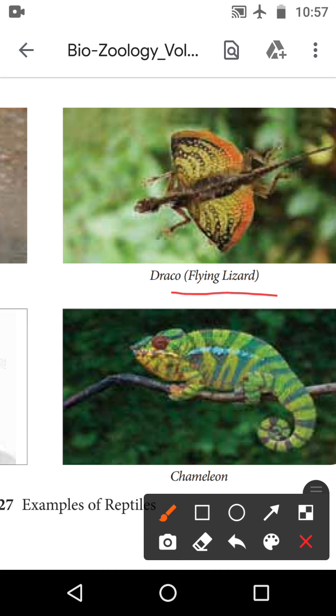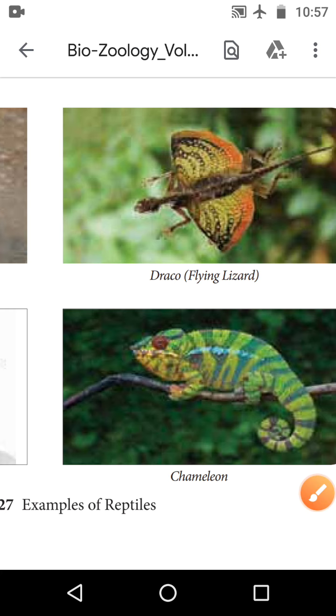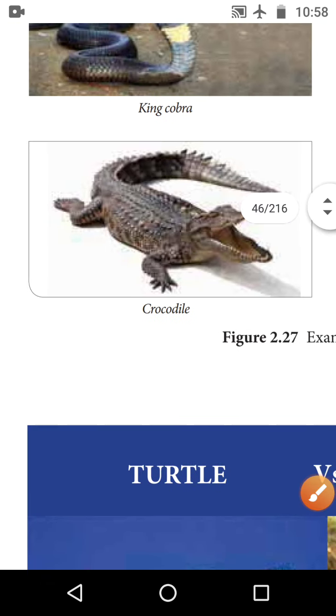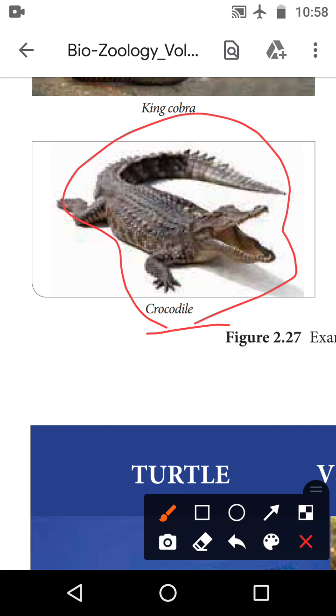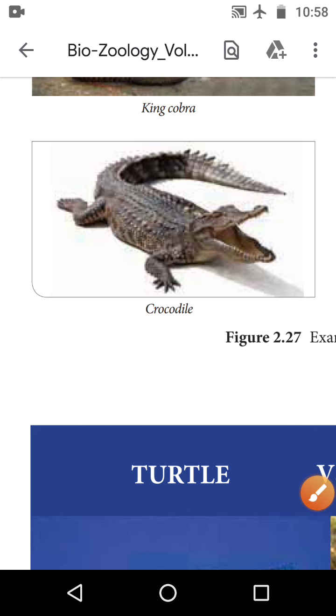The flying lizard is very beautiful. The ordinary lizard is present on walls, but the flying lizard is commonly found in forests. So normally it is very beautiful in structure. Then the crocodile is already one of the reptile family, but reptiles have a three-chambered heart while the crocodile has a four-chambered heart, with two auricles and two ventricles.